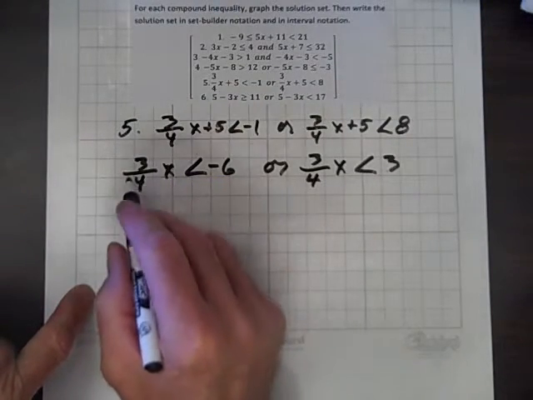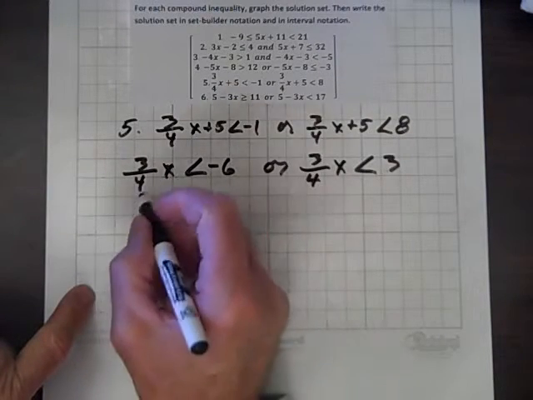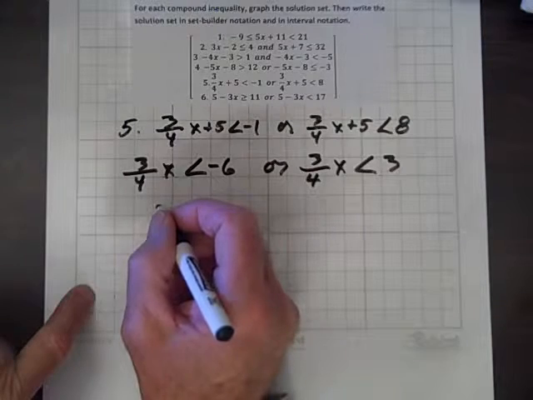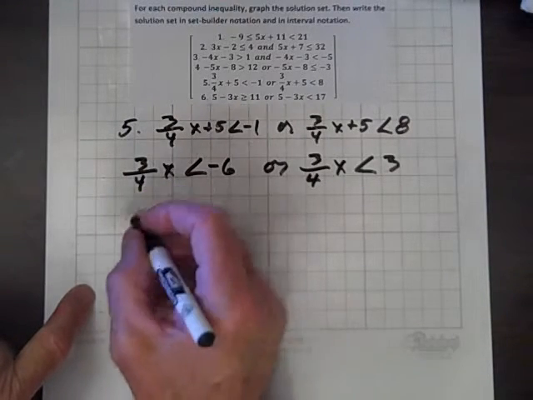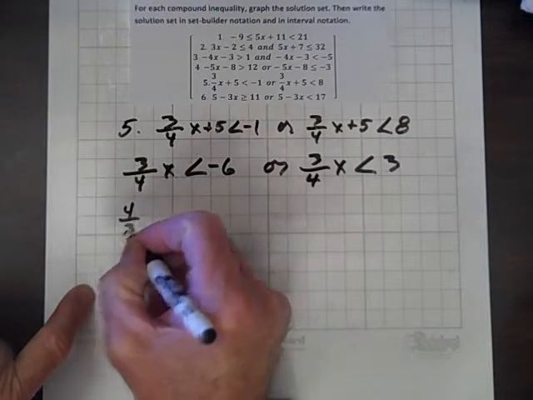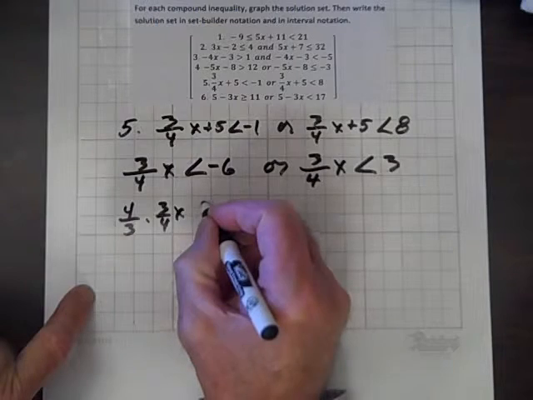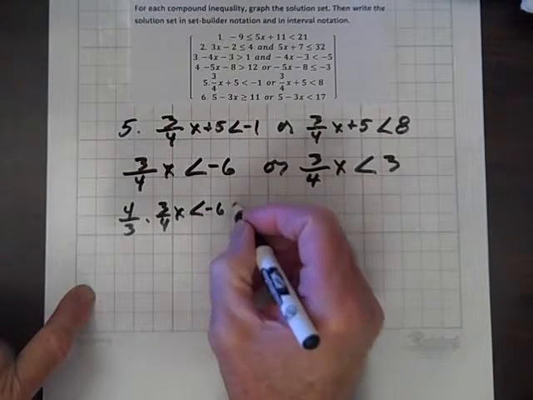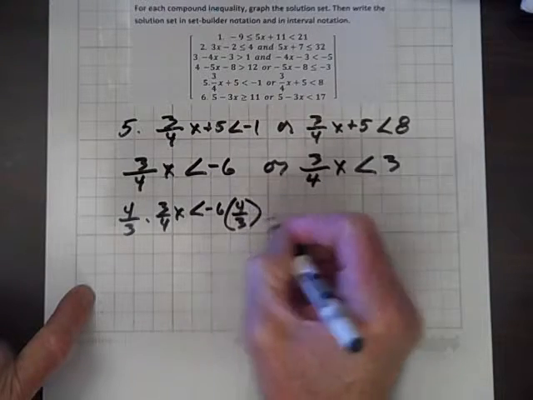Next step, we must isolate the x, so we'll multiply both sides by the reciprocal of 3/4, which is 4/3. So 4/3 times 3/4 x is less than negative 6 times 4/3.